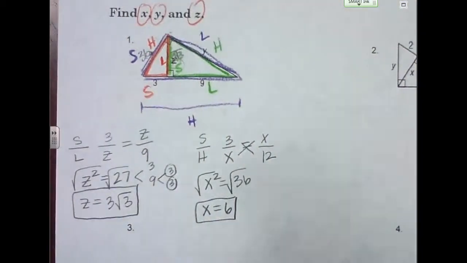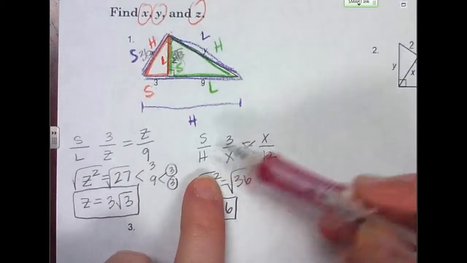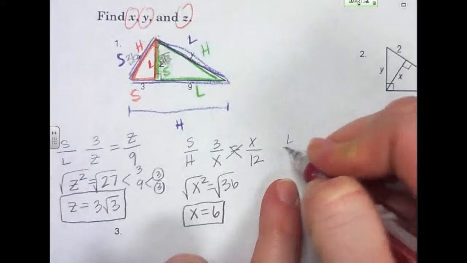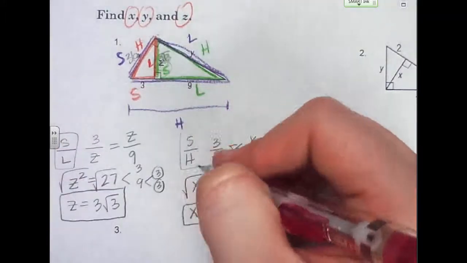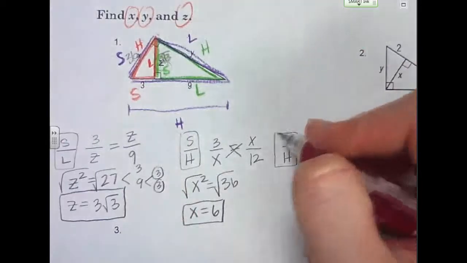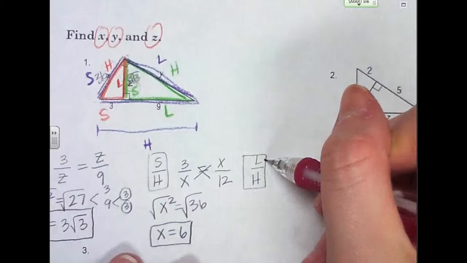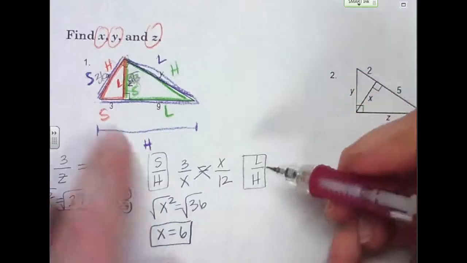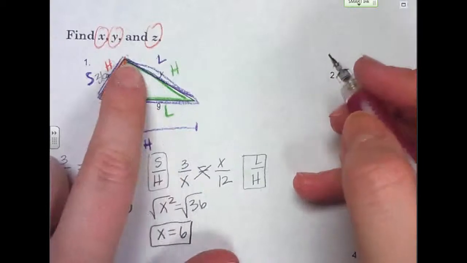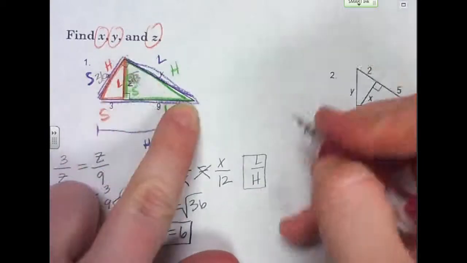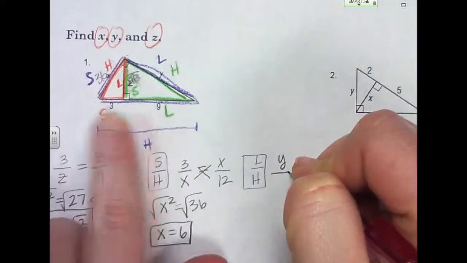Now if you look at what we've done, we used the short side and the long side, and the short side and the hypotenuse. The one we haven't used is the long side and the hypotenuse. Let me box those so you can see. So now I want just the long side and the hypotenuse, because we're trying to find y here. I'm going to use the long side of the purple triangle, which is y, over the hypotenuse of the purple triangle, which is 12.